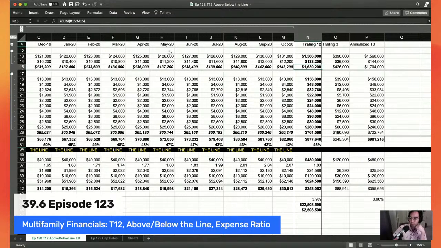Some people actually look at a trailing 1, just the last month, and estimate an annualized income and expense of just that one individual month to come up with a value. So because a year ago, you know, those numbers aren't necessarily quite as relevant, like what the rent was 12 months ago, because now your rent is up to what it is now, and those people are on lease.